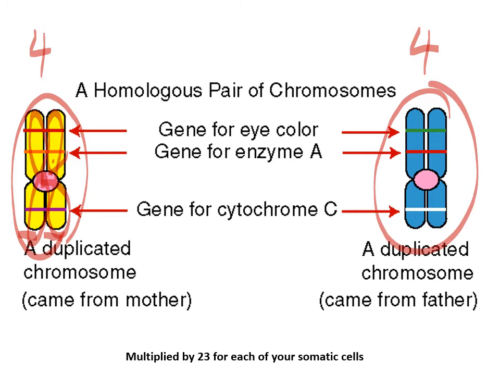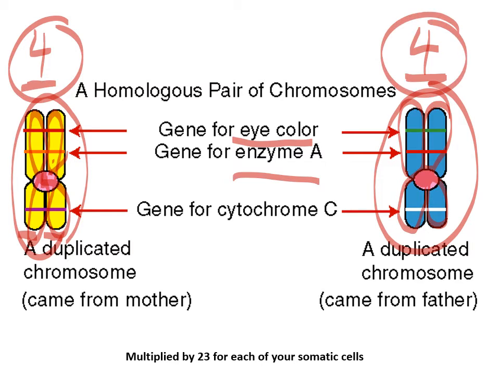And so once it is duplicated, you're going to have another chromatid over here and another chromatid here attached at the centromere, also with a copy of that particular gene on it as well. Because you got one from your mother, let's say this chromosome here, and one from your father, you have 2 versions of that gene. And so eye color genes, to make it simple, or maybe enzyme A, whatever the particular enzyme A is, you're going to get a version from your mother and a version from your father of the same information for the same enzymes.